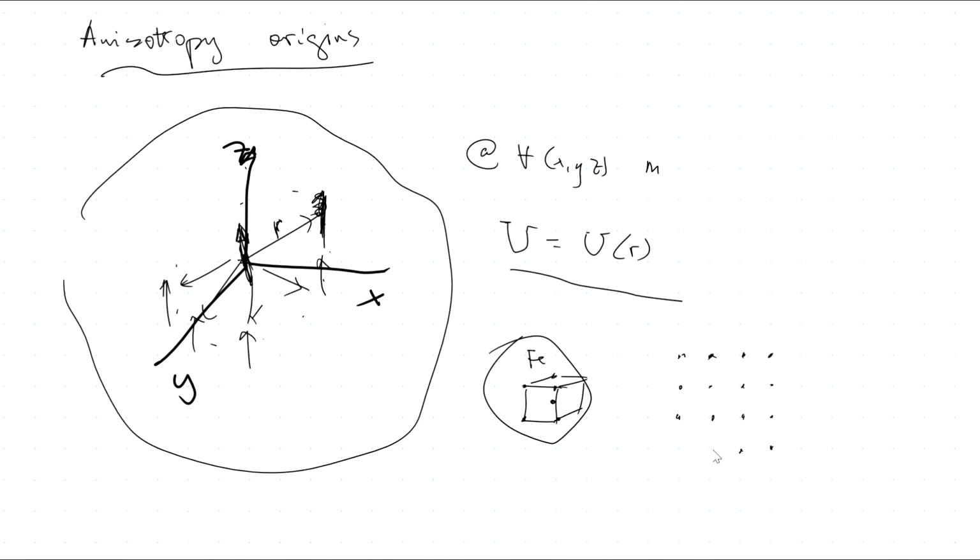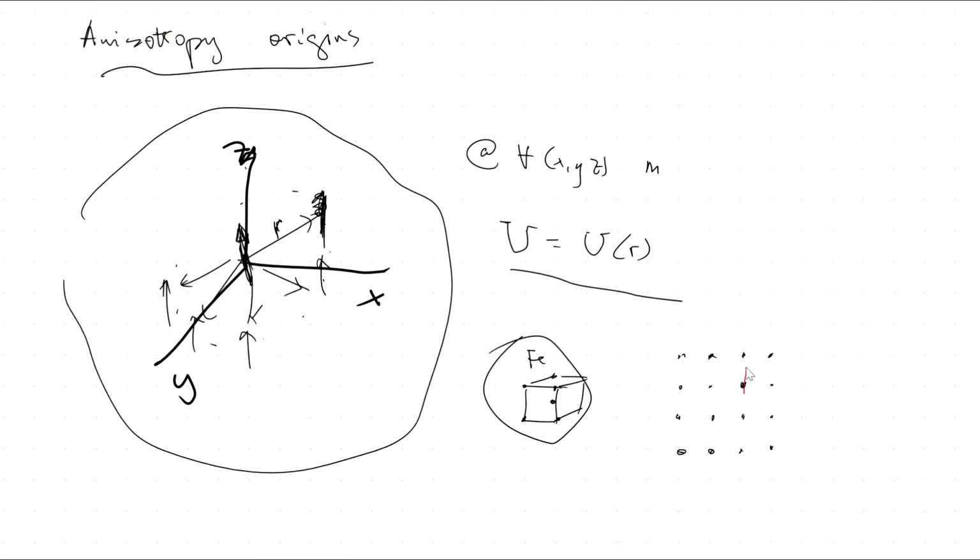And you already know that. You might know that from solid state physics if you take it, or you might not know it, but this is what it is. So if you take this atom here, let me choose a different color.